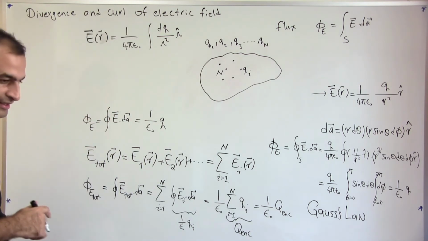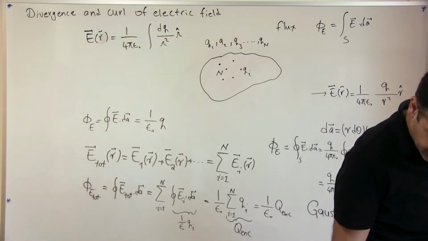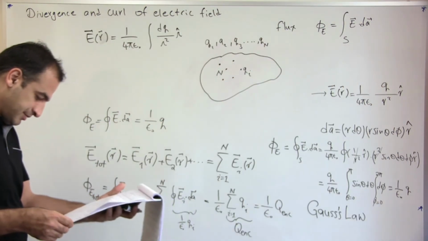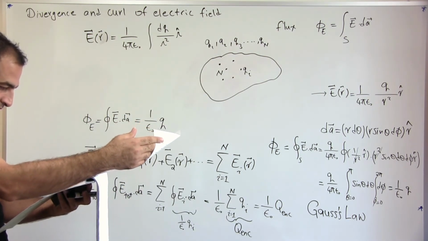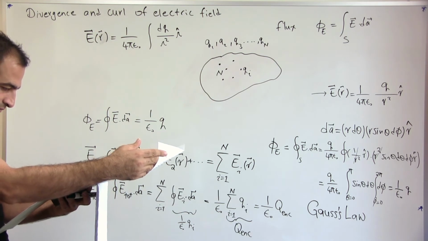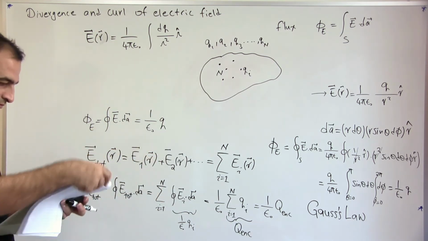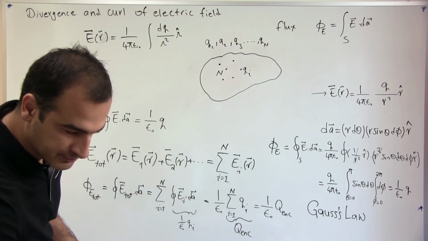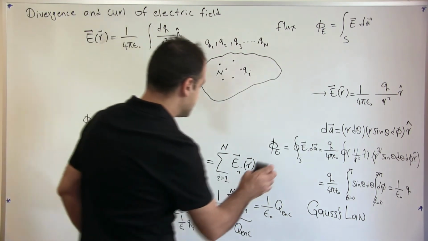I want to do two more expansions of the same thing, and that illuminates how we can use continuous charge distributions. For that, I'm going to clean up here a little bit.